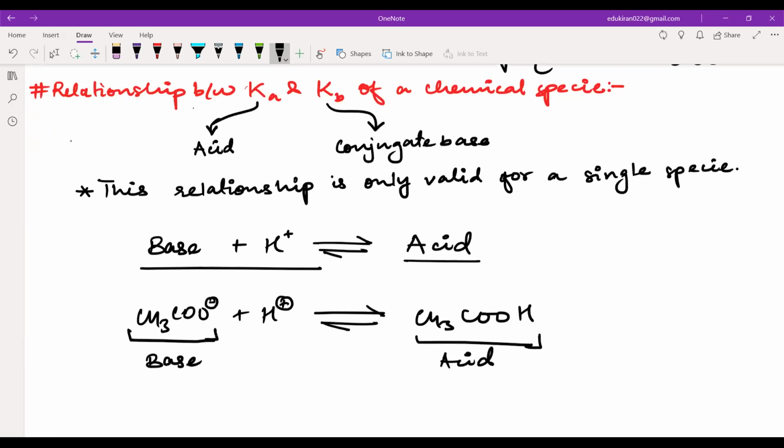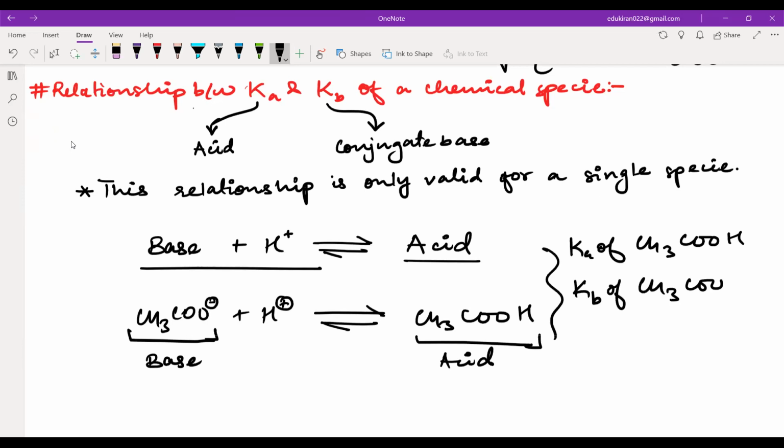Right. So for a single species, what we are going to calculate is the Ka of CH3COOH and Kb of CH3COO negative. Both of these have a relationship between them: they are the conjugate acid base pair.